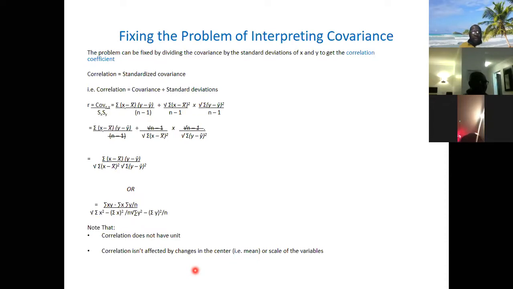So correlation has no unit, and it can never be greater than 1, because the numerator can never be greater than the denominator. The numerator and denominator can be the same, but the numerator can never be greater than the denominator. So what really happens is that this numerator will be varying up to the denominator.